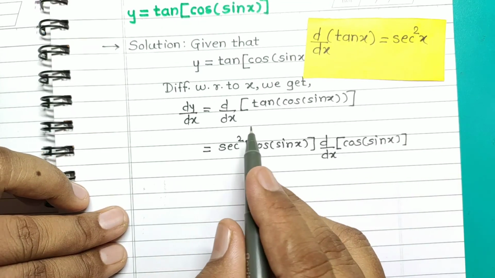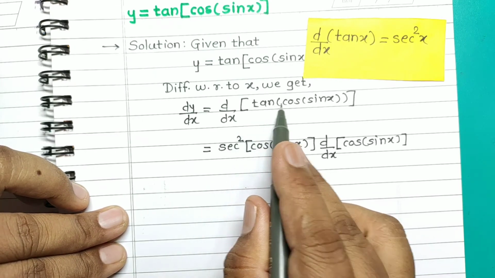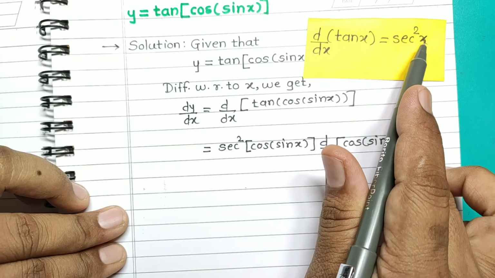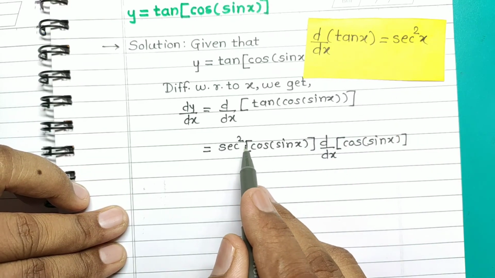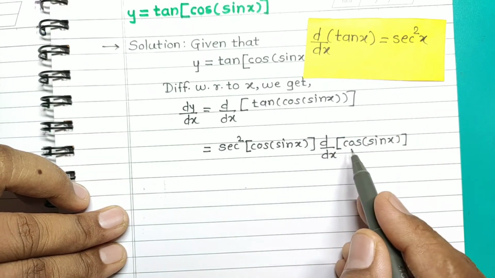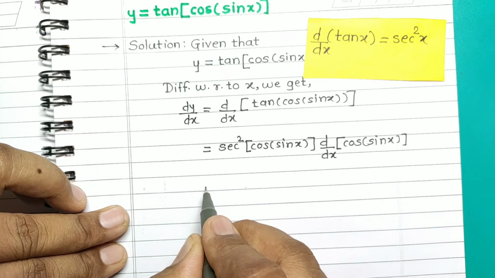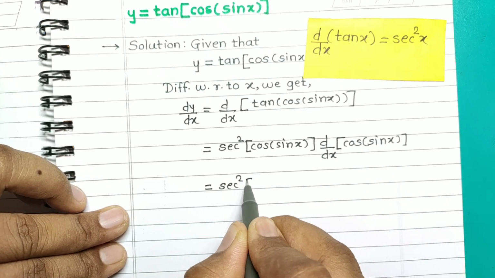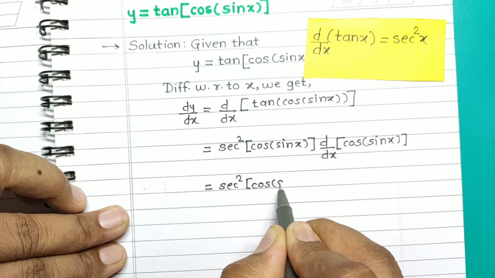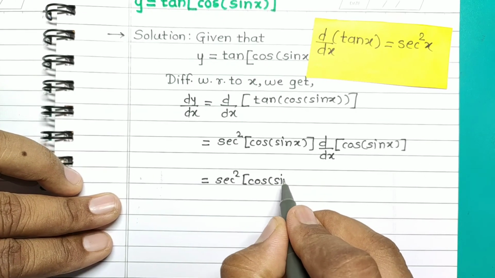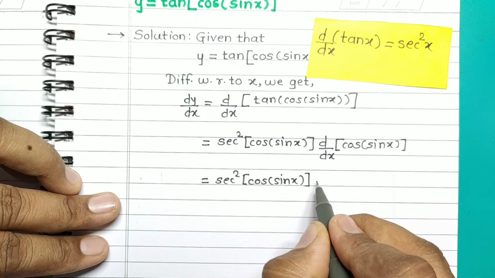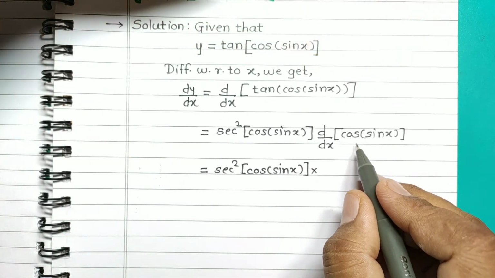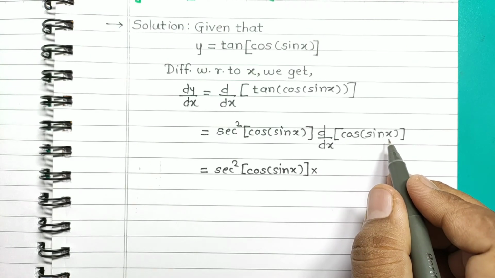So derivative of tan of something is like derivative of tan x, which is sec square x. It is sec square of something into derivative of something. So in the next step, you write down this first function as it is, sec square of cos of sin x, and now again here it is a composition of cos and sin.